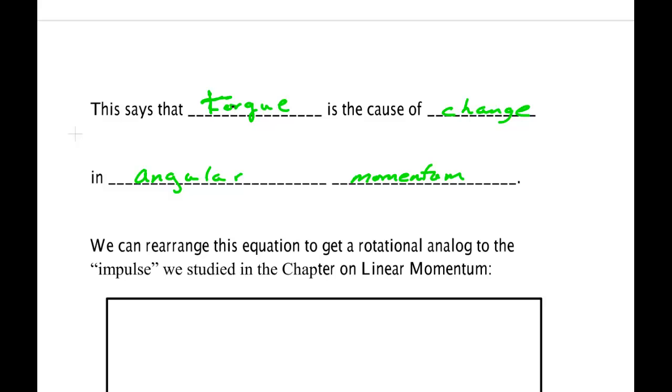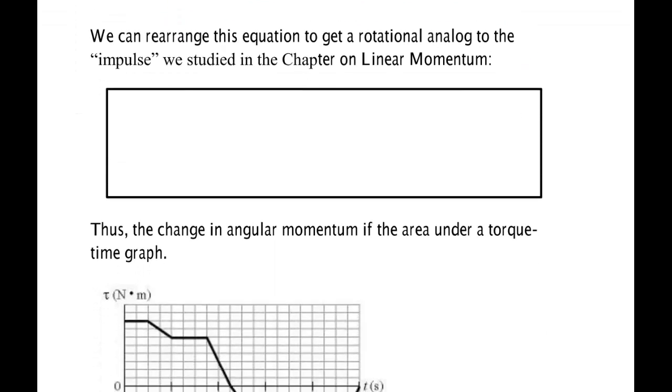And we can now define something that looks a lot like the impulse that we had back in the chapter on linear momentum. We can bring the delta T over next to the torque and say that the sum of the external torques times delta T gives us the change in the angular momentum.